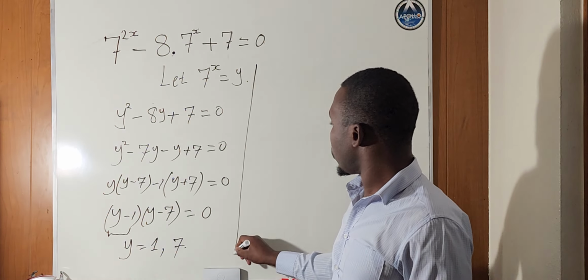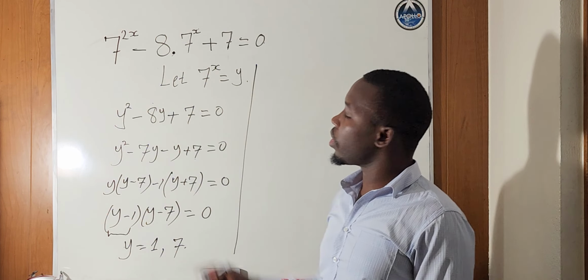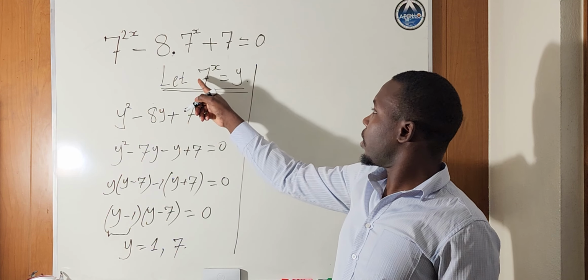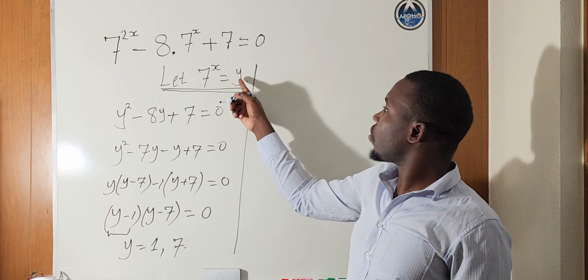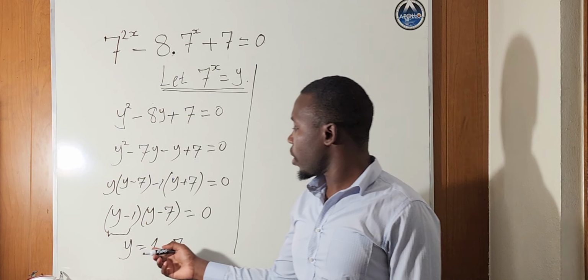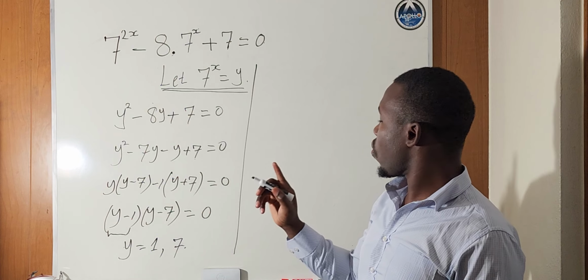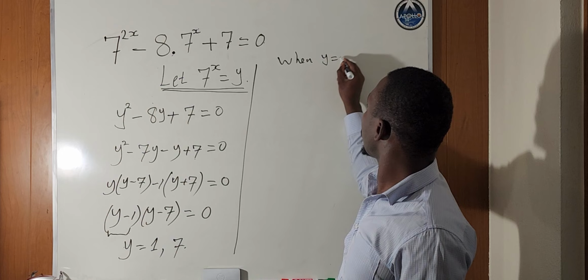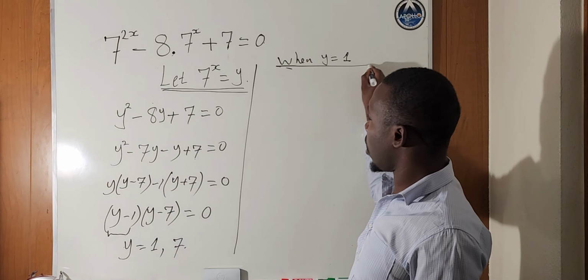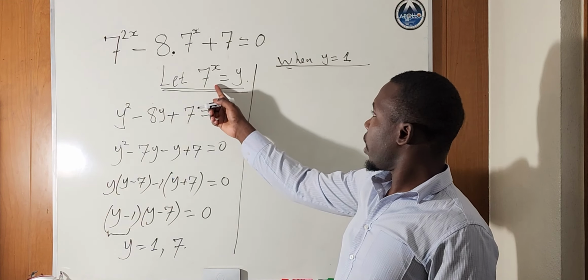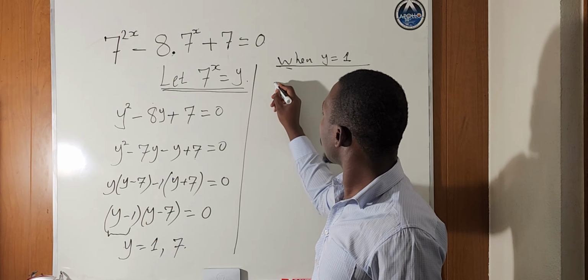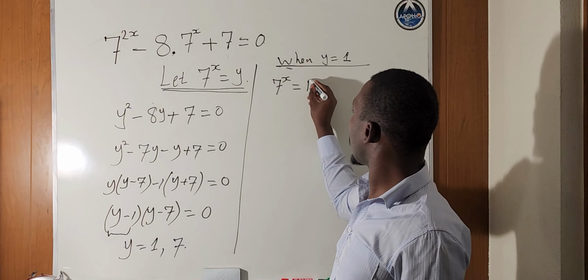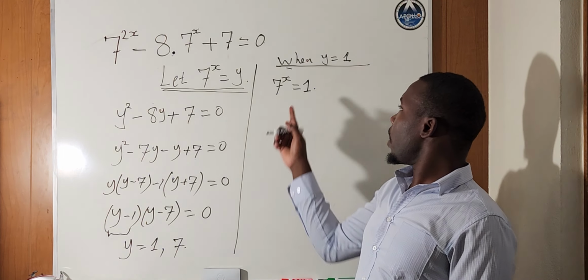Now, the next thing, this is not the answer to this question. Remember we said up here that let 7 power x equal y. Now when y equals 1, let's see what we get. 7 power x equals 1.